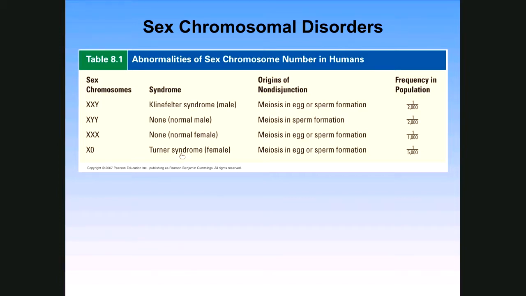But then if you look at this one, there's another type of aneuploidy that you only find in females, and it's called Turner syndrome. This is where a woman, every cell of her body is not diploid. They're 2n-1. Her somatic cells are 2n-1.